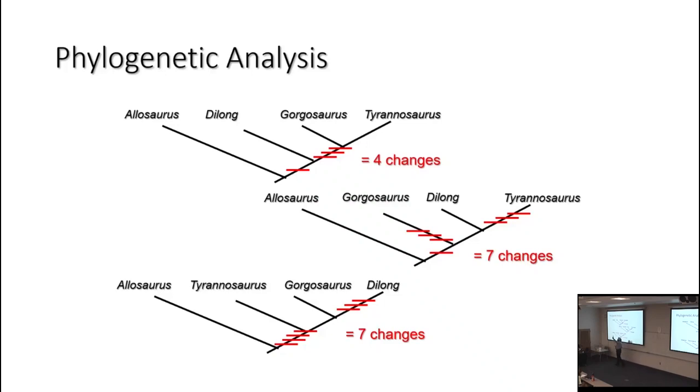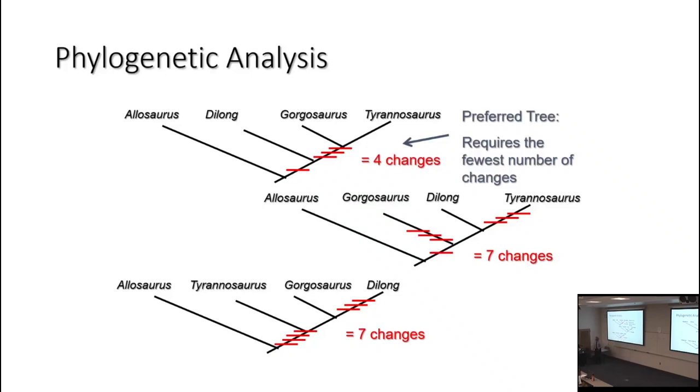So we have 3 mutually exclusive hypotheses with different tree topologies. One tree explains the data with fewer changes than the others. That's our preferred tree, or our most parsimonious tree. It requires the fewest numbers of assumptions.